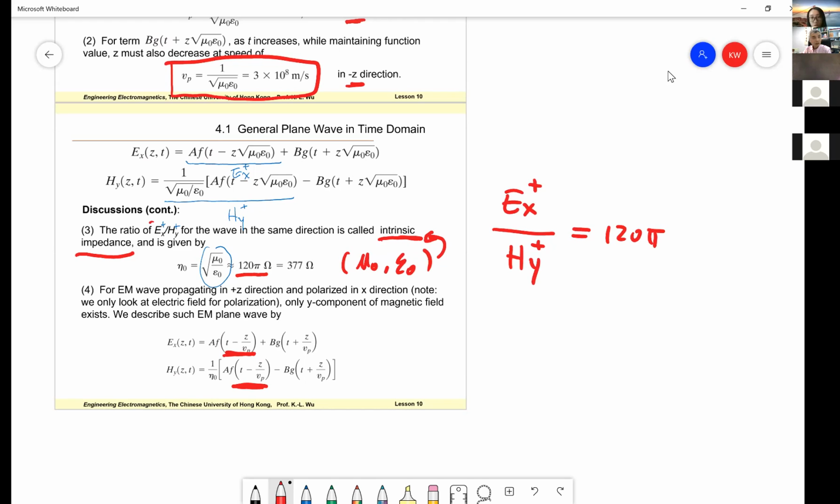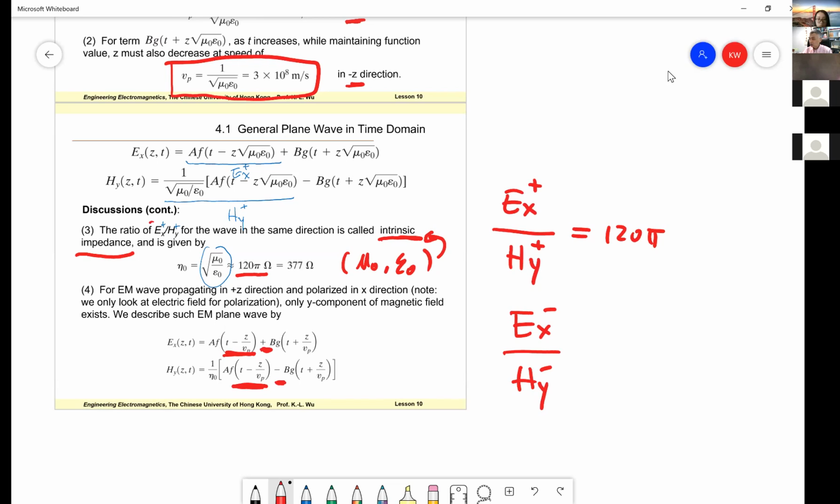And you say, no, it's not the case. Let's compare this. If we compare the wave propagating in the minus direction, this is the plus sign, this is the minus sign.